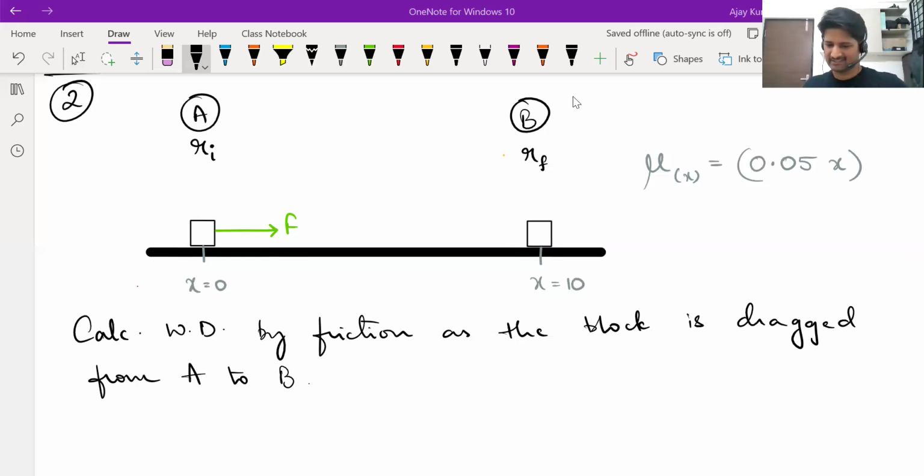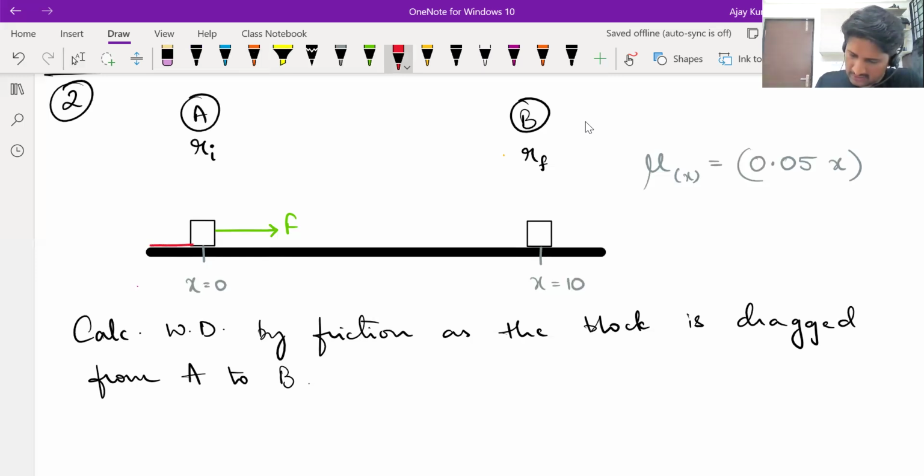I didn't get any answers after that. You were asked to calculate work done by friction. Block is getting displaced towards right. That is obvious. Tell me, in which direction does friction act on the block throughout the journey? Towards the left, sir. Towards left.